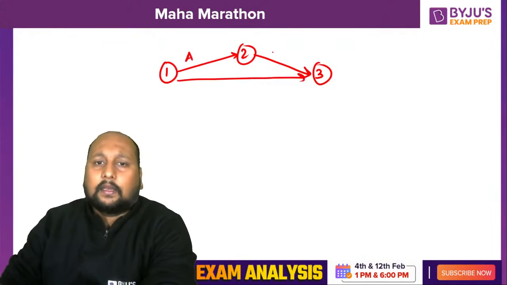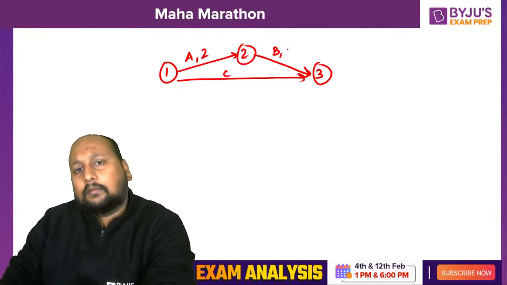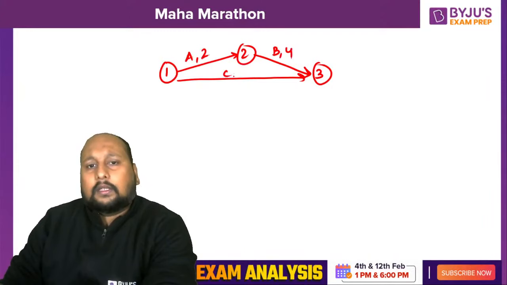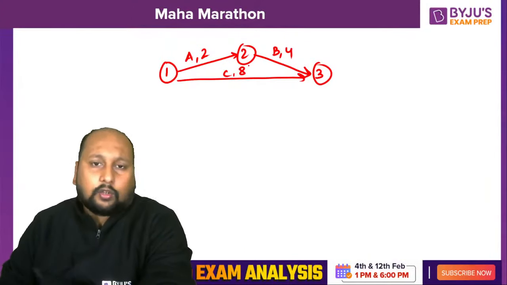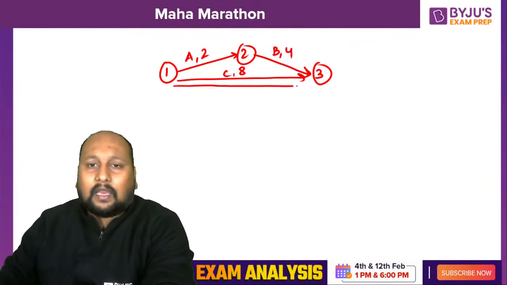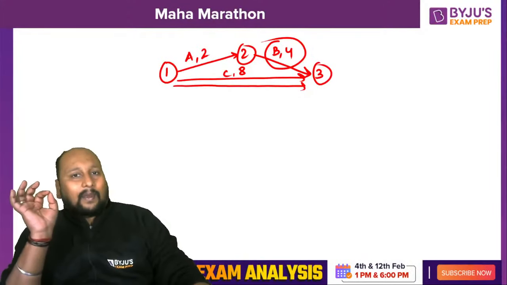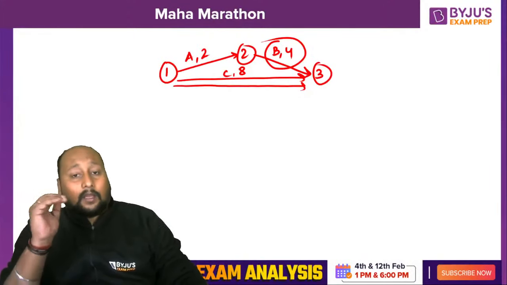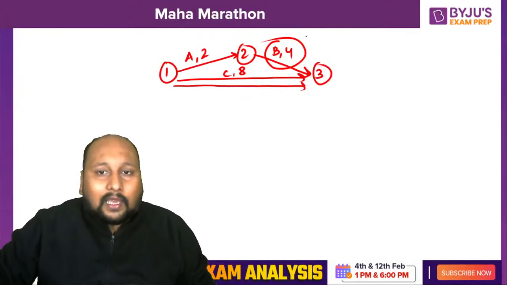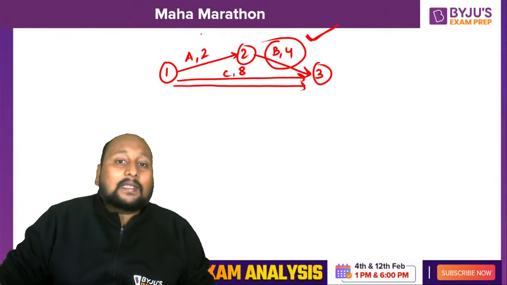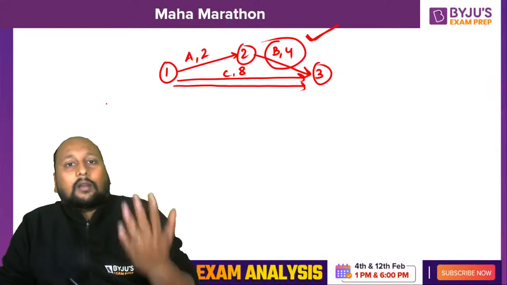Let's say this is A, this is B and C, this is 2, this is 4, 6, then this is 8. Okay, so if I talk about this, the critical path will be 1, 3, this one, right? So if I talk about activity B, the logic of independent float is by how much duration this activity can be delayed such that its preceding activity is not being hampered.